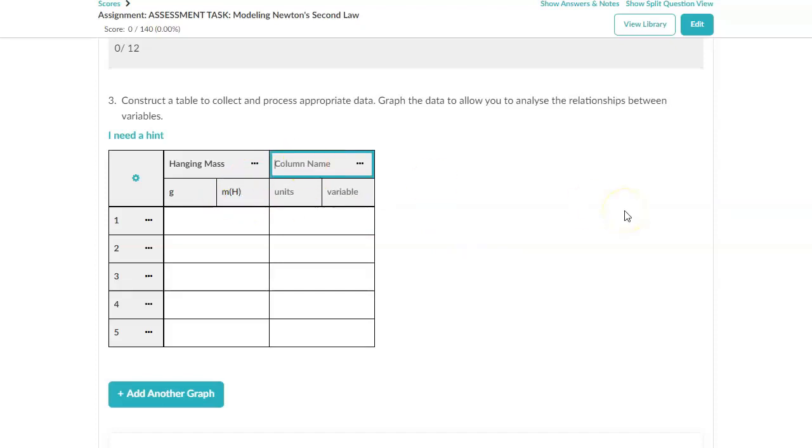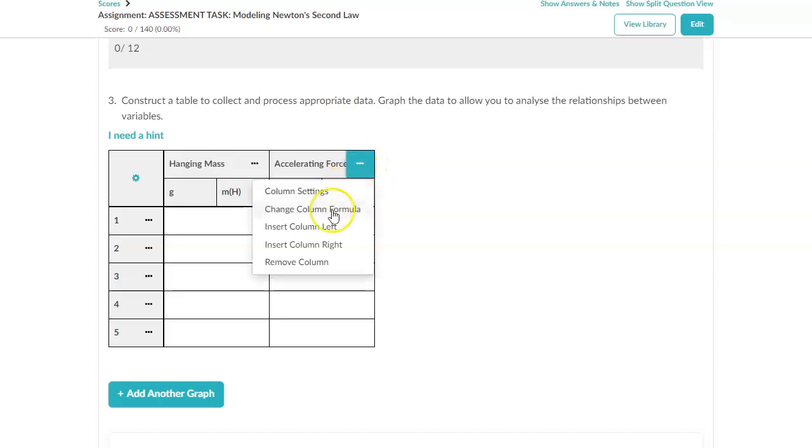All right, we need to, as we saw, multiply the hanging mass by the gravitational field strength of 9.8. But we also have to make sure we divide grams by 1,000 to convert it to kilograms and then multiply it by 9.8. So this is our accelerating force. It's in units of newtons and we'll just call it F, force.